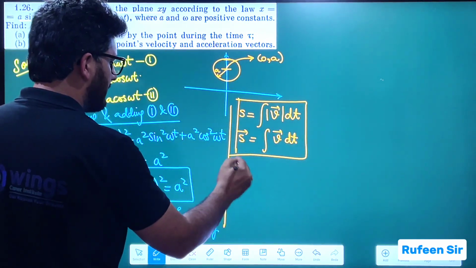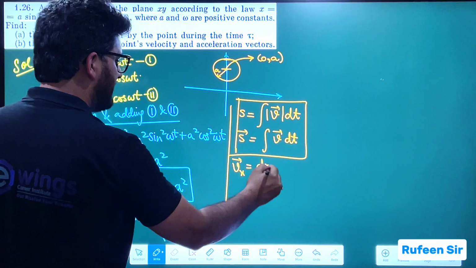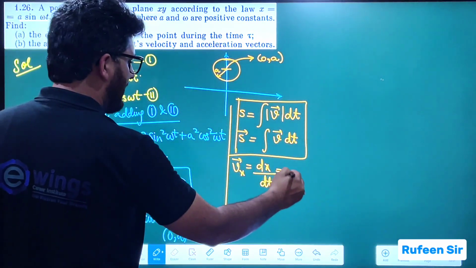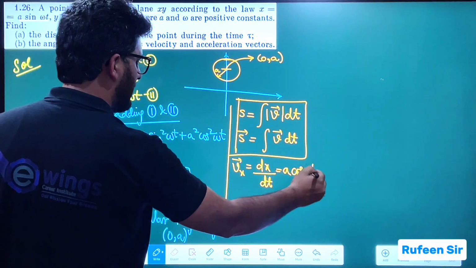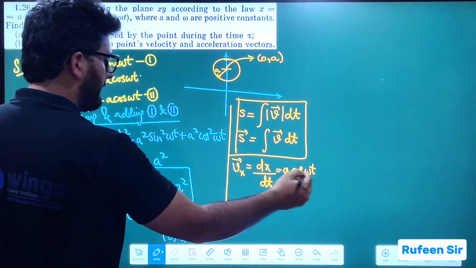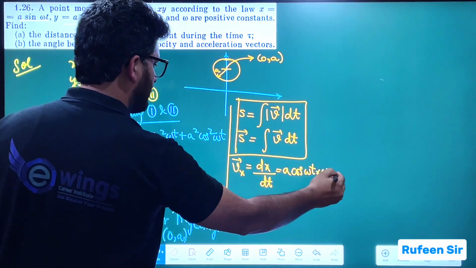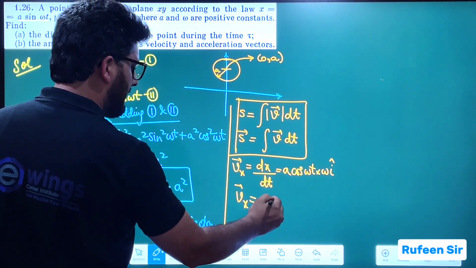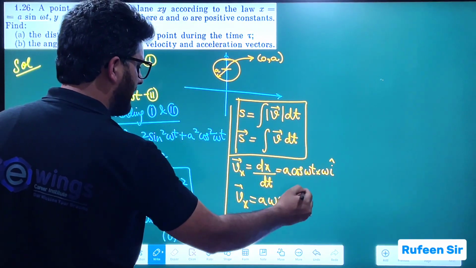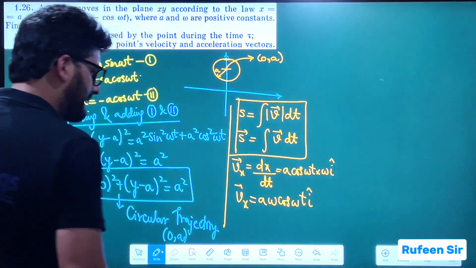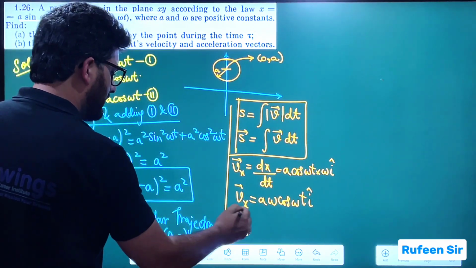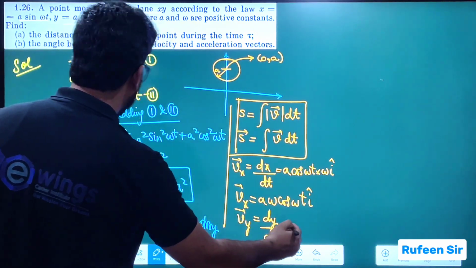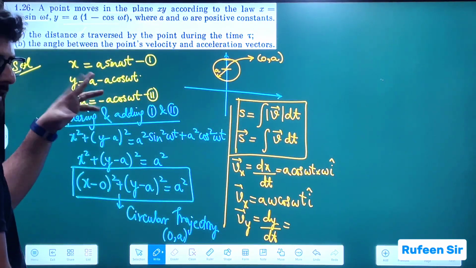What will be Vx? Come on. Differentiate displacement along x with time. It will be a cos omega t, and a cos omega t into omega is the internal differentiation, i cap. So velocity along x is a omega cos omega t, i cap. Okay? What will be Vy? Differentiate y, dy by dt. What will you get? The derivative of a is 0.